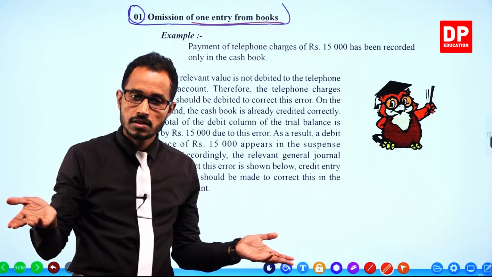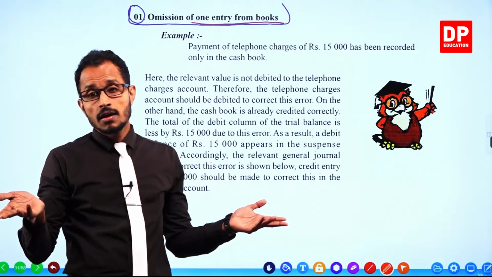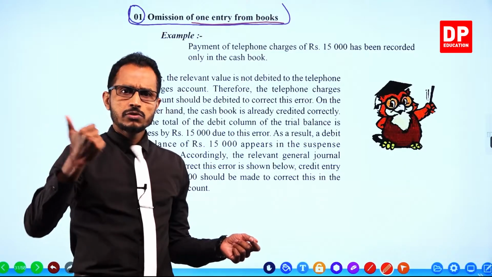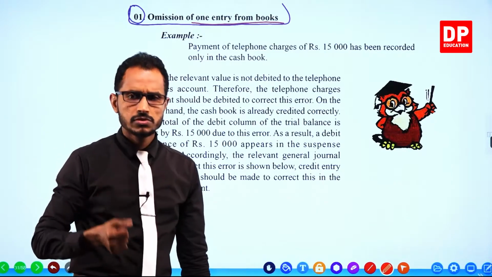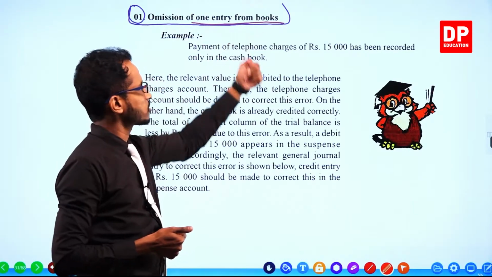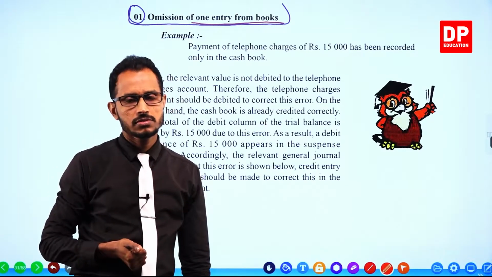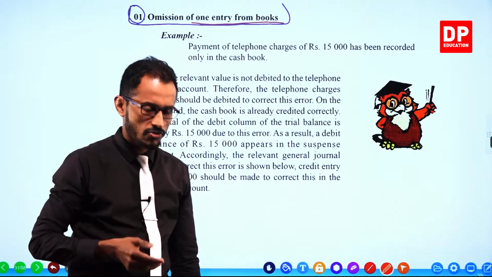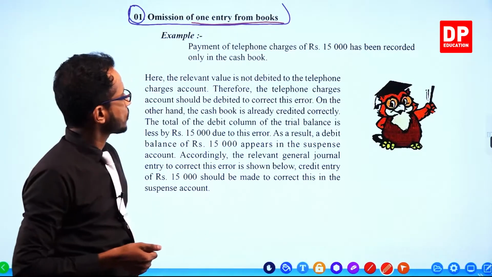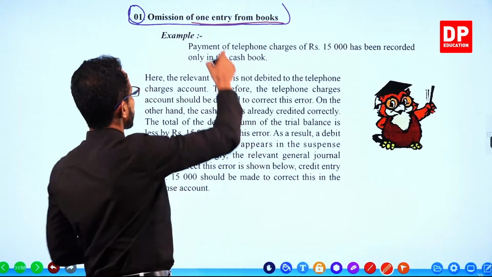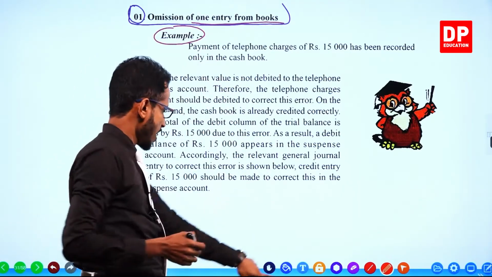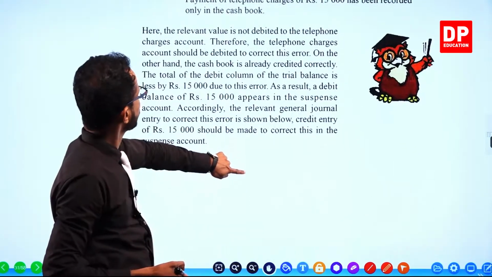The answer is, of course, that will create a difference in the trial balance. Why? Let's take this example and we'll find out why.